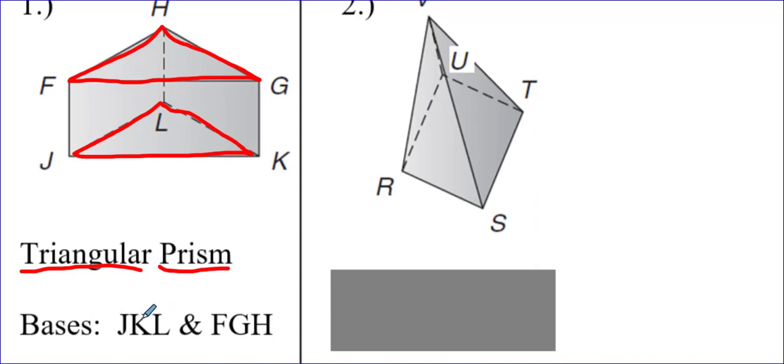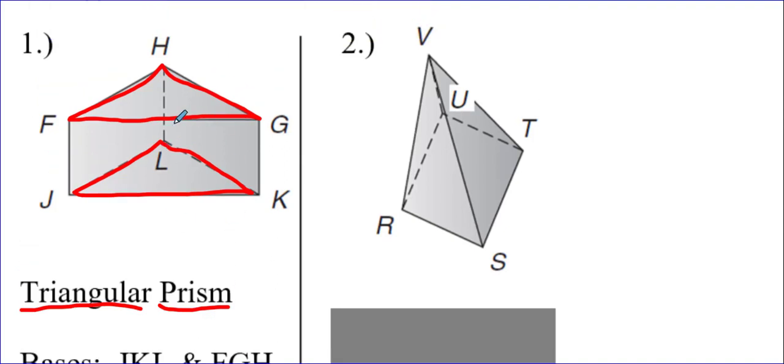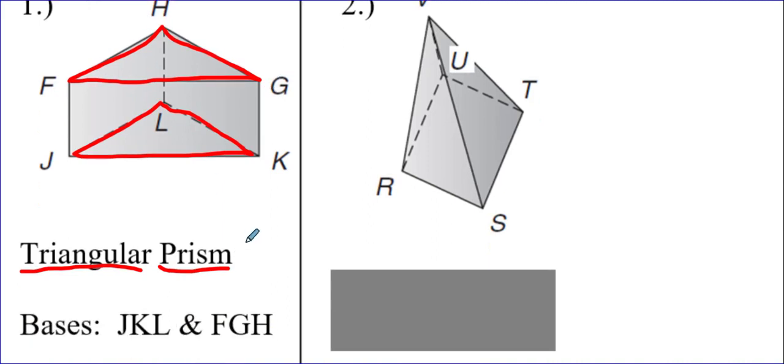And you will see I named those bases with the three vertices that were on each of the triangles. So the triangle at the bottom had vertices J, K, and L going in counterclockwise order. And the triangle on the top had the vertices of F, G, and H, again going in counterclockwise order. If you want, you could go in clockwise order instead.